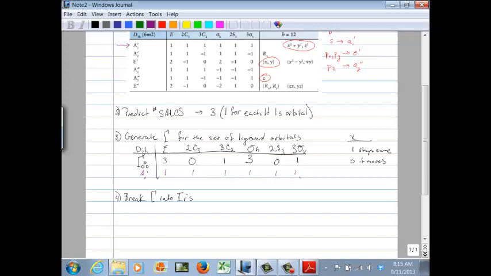So if I just try to add these up, this would be a 0, this would be a -1, because 1 plus -1 is 0. This would have to be a 2, this would be a 0, this would have to be a -1, and this would have to be a 2. And notice that that matches this E prime.